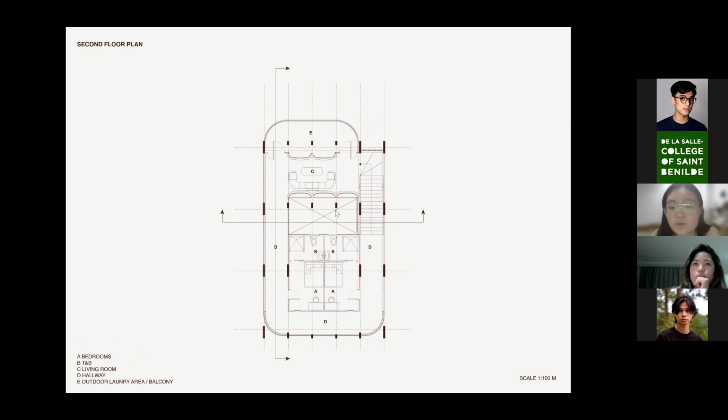And then the second floor plan has the bedrooms and a circulating hallway that allows the users to interact via the balcony and also circulate their laundry from one end to the other.